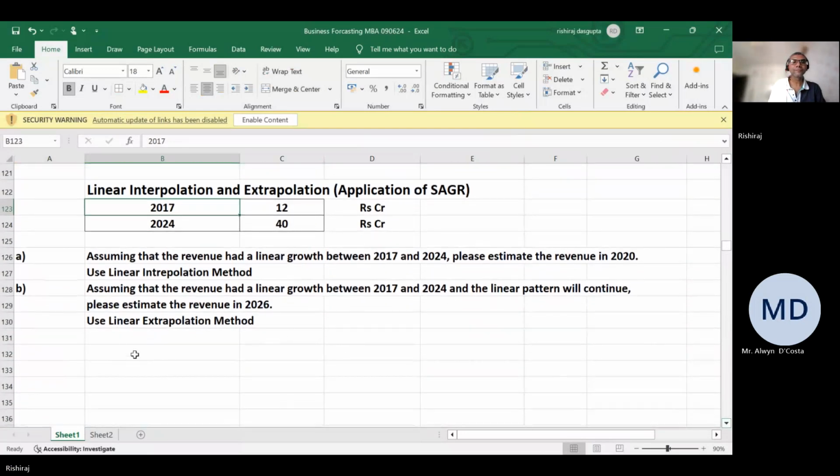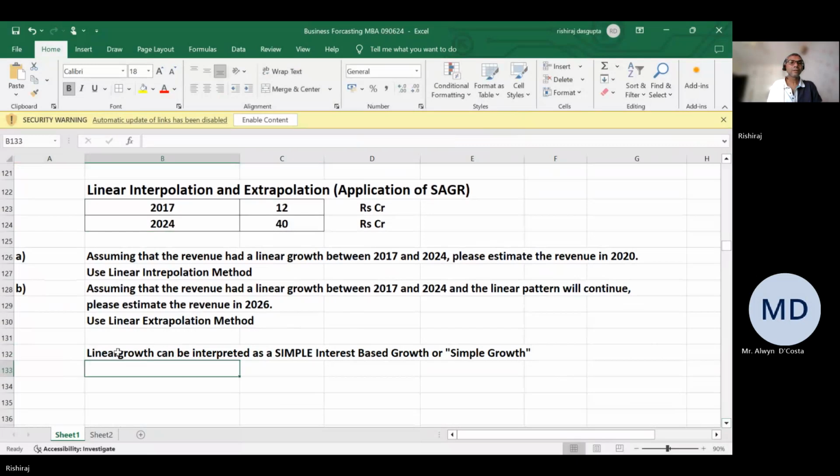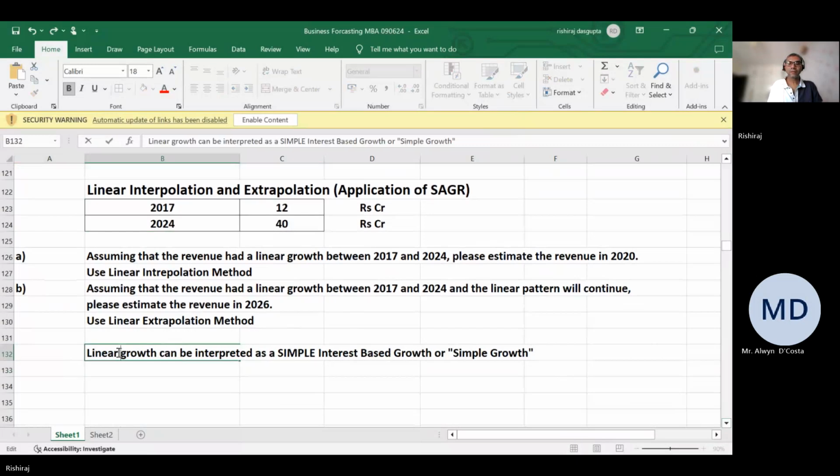So the linear growth is nothing but a simple interest growth. We can say linear growth can be interpreted as a simple interest based growth, or we say simple growth. So we can now calculate SAGR.